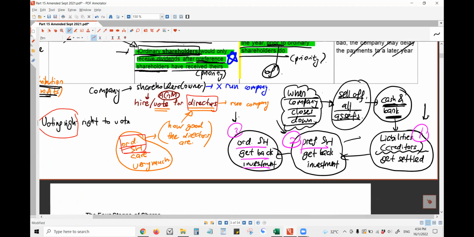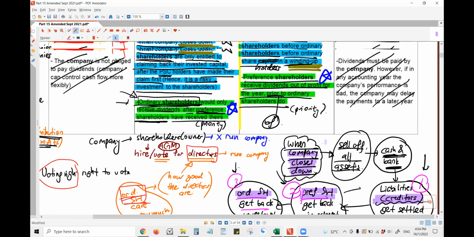Creditors would get back their money first, and this includes debenture holders. So debenture holders would get back their money first, before preference shareholders and ordinary shareholders, when the company closes down. You would mention the debenture holder term when you are describing this story. Later I will show you how to write it in the question.